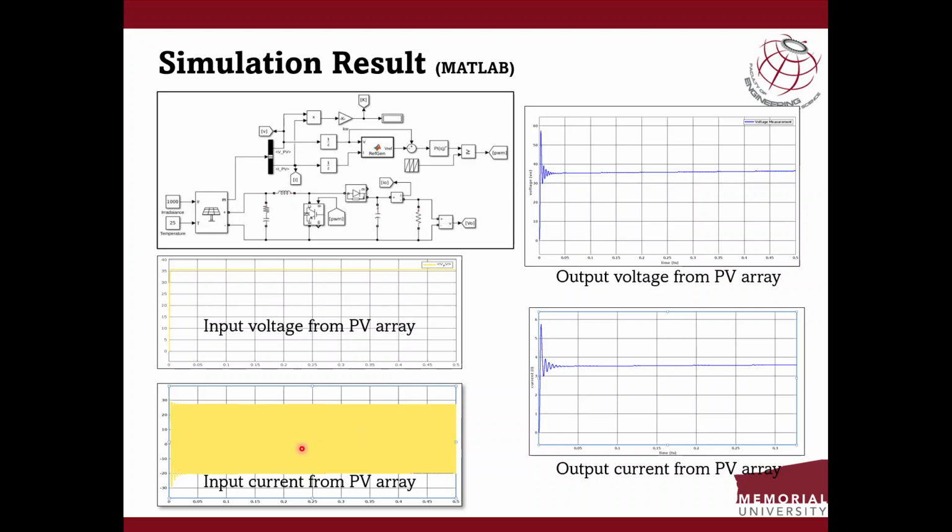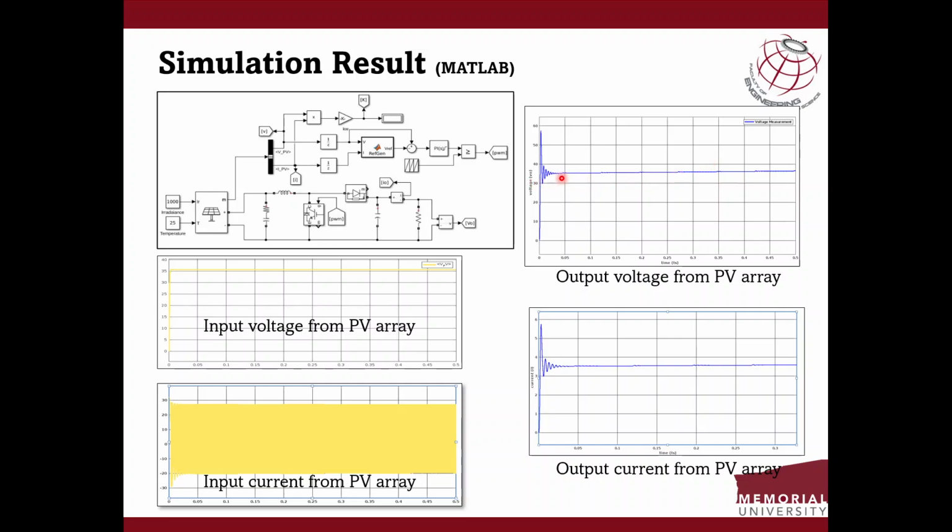That's why we have to connect them in parallel. And the right picture indicates the output voltage and output current from the PV array. It shows that our load, I mean our pump, will consume near about 3.5 ampere, and it will run within 35 volts.